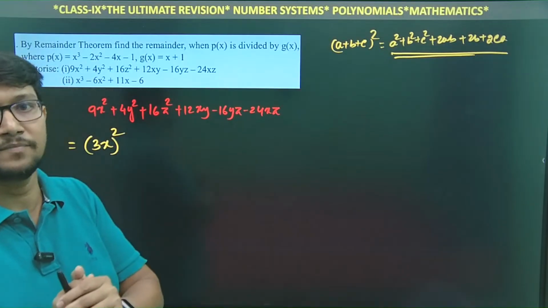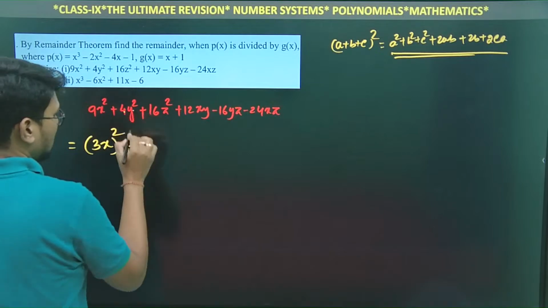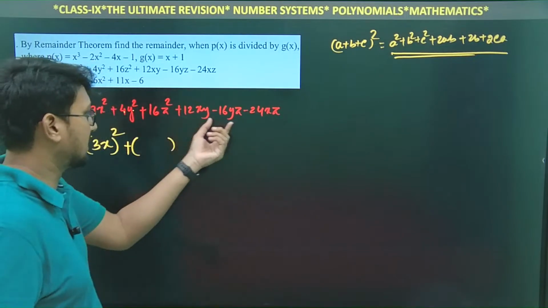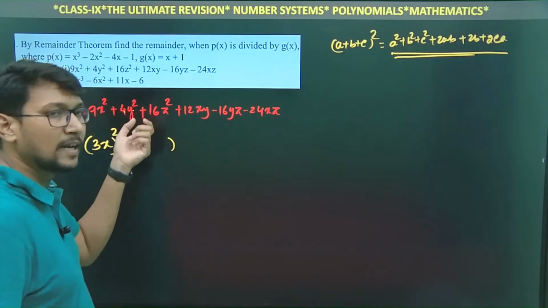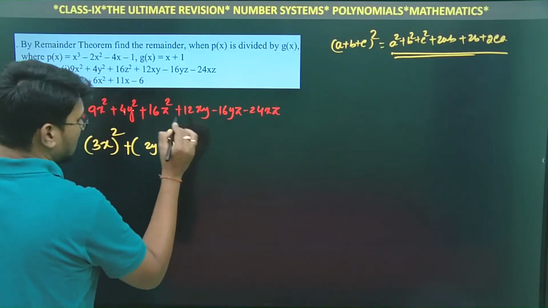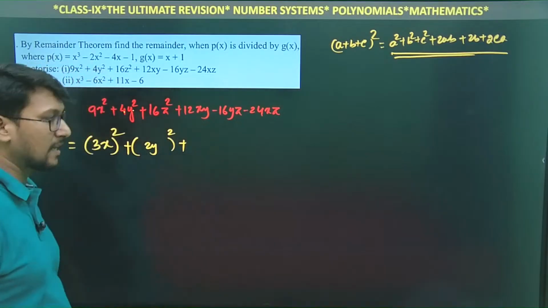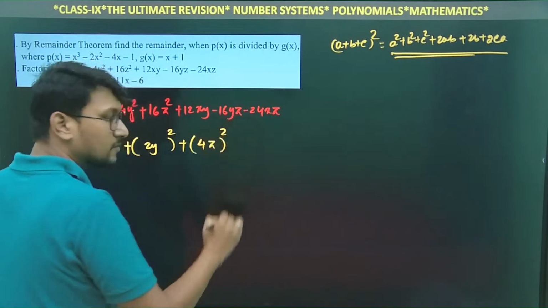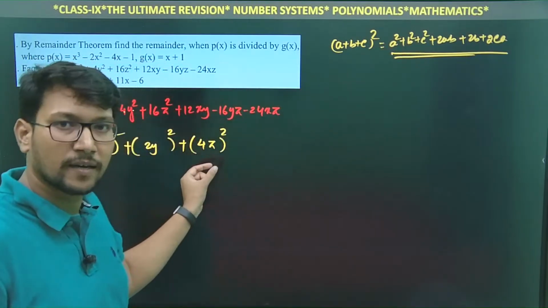Plus 2y whole square. I will tell you about this 3 term later on. Let me first write this as a perfect square. Got it? Plus 16z square, we can write this as 4z whole square. Okay, check karo. First 3 terms we have written as a perfect square, as in the identity.